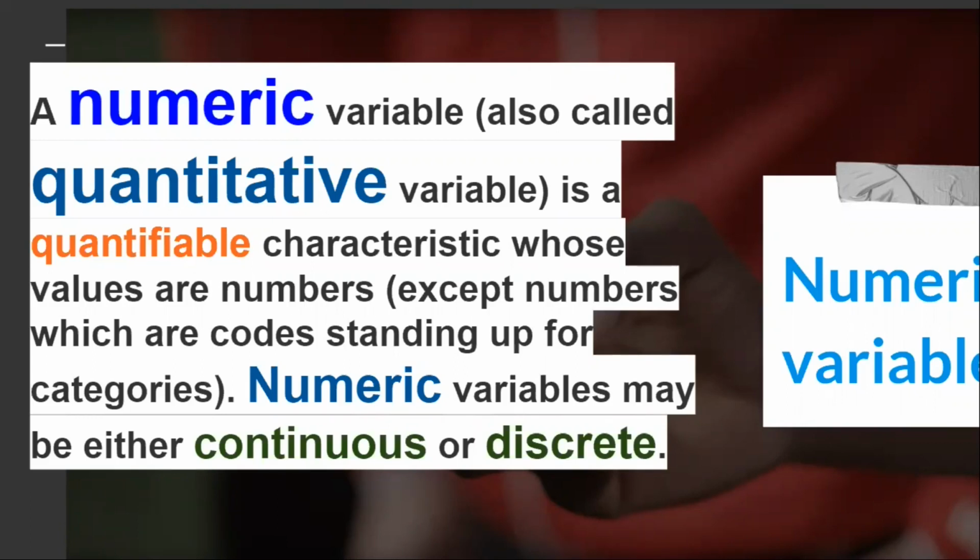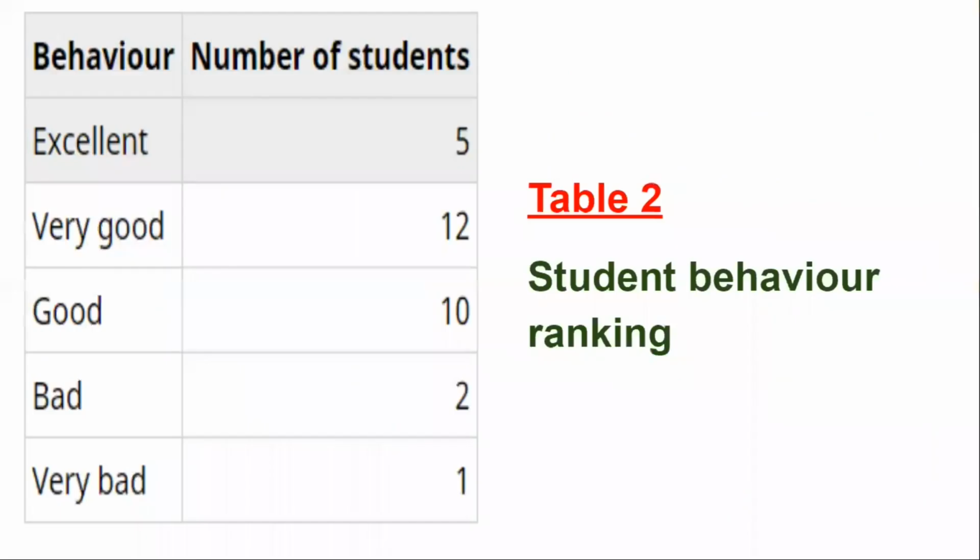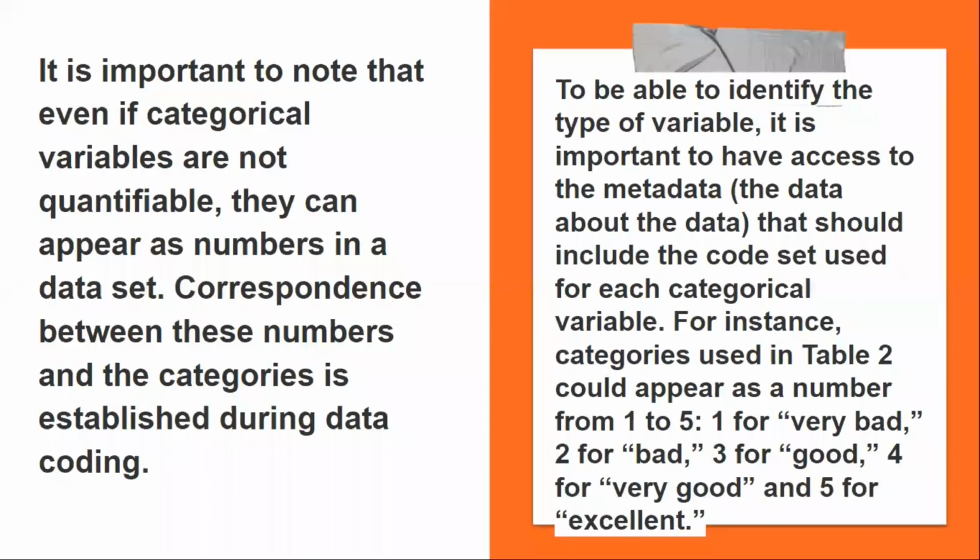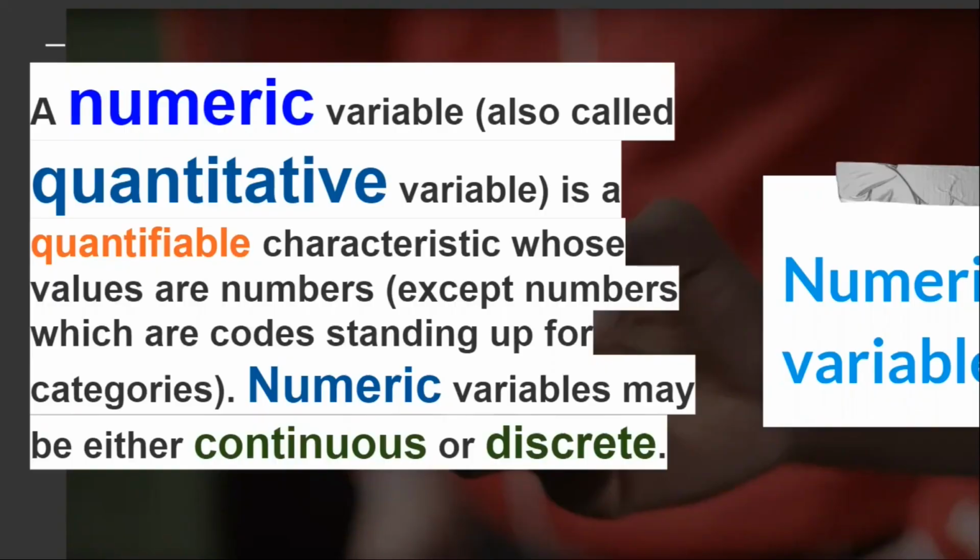The numeric variable is a quantifiable characteristic whose values are numbers, except numbers which are codes standing for categories, as we just said previously in this given data set.